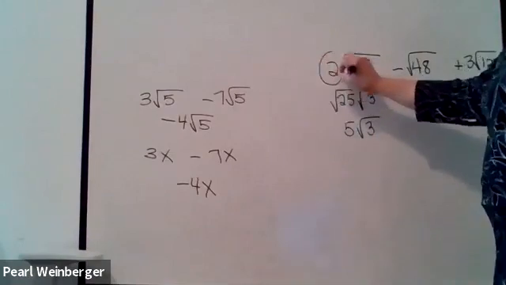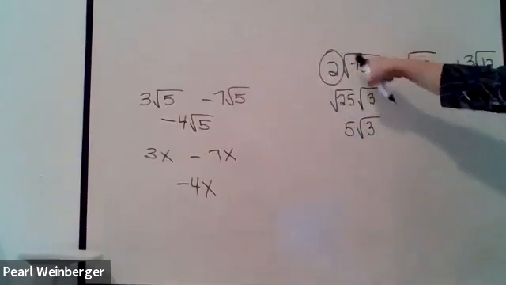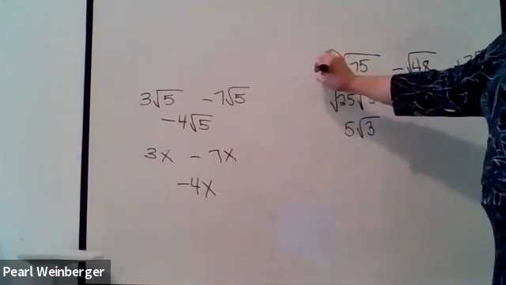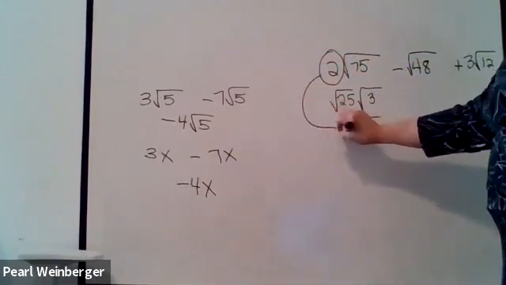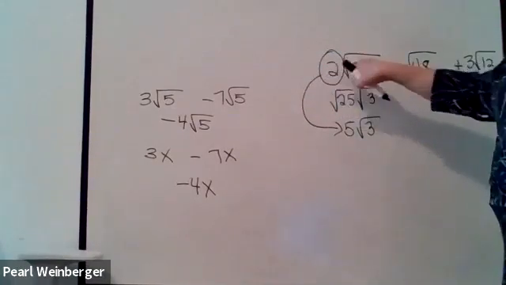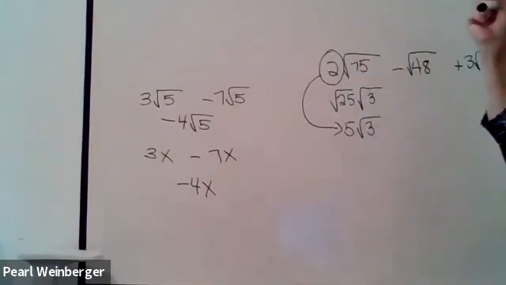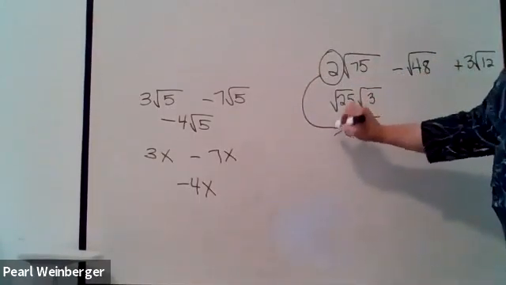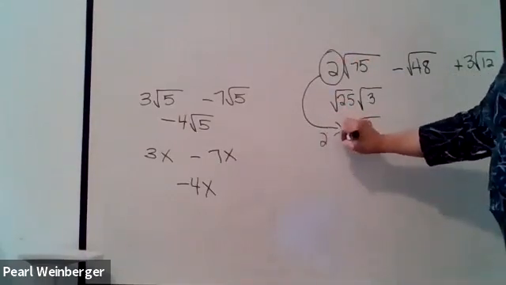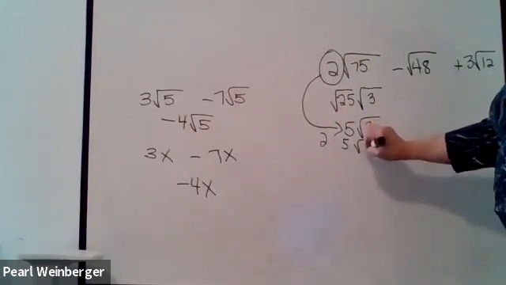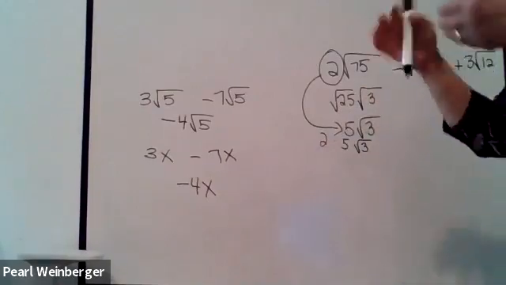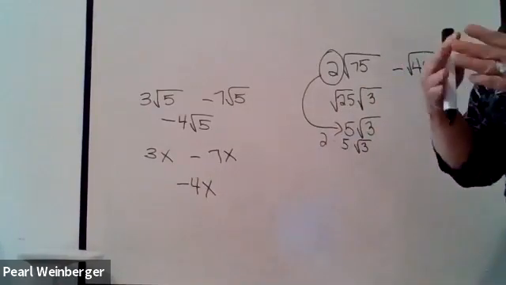But don't forget, this 5 radical 3 is the square root of 75, but there was originally a 2 in front of it. Since there's nothing in between the 2 and the radical 75, the operation must be multiplication. I have to take this 2 and multiply it by the 5 radical 3. The basic rule is, if the numbers are outside, you can multiply them together.